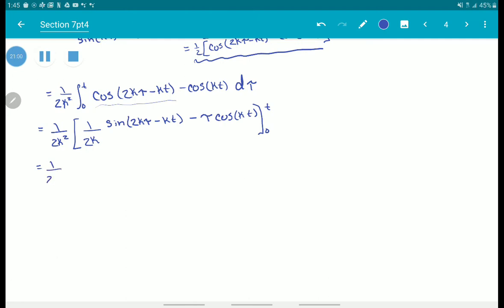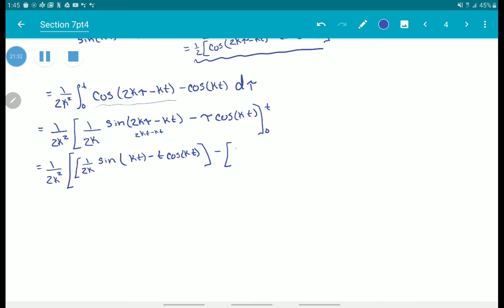This is a definite integral. So a big one and a small one. We substitute in t for tau. We have 1 over 2k sine. This would be 2kt minus kt, which would be a kt, minus t cosine of kt.